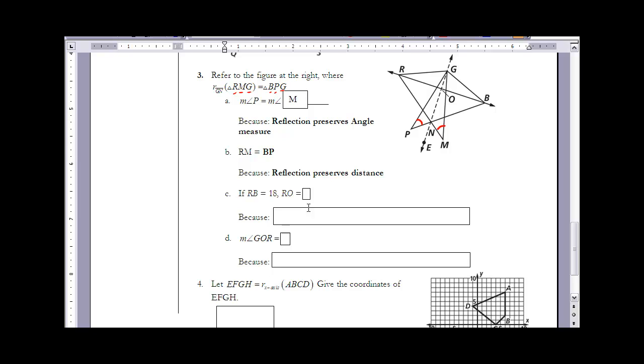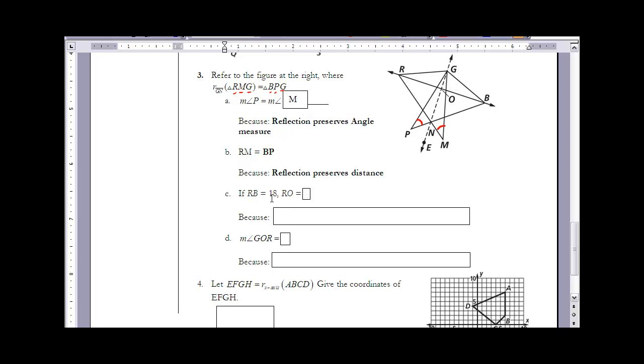Okay. Part C says that RB is 18, RO is what? Okay, well, RB is the distance from a pre-image point to its image point. Well, I know from the definition of reflection that the line of reflection has to be the perpendicular bisector of that segment. Okay, and perpendicular bisector means it divides that segment into two equal segments.